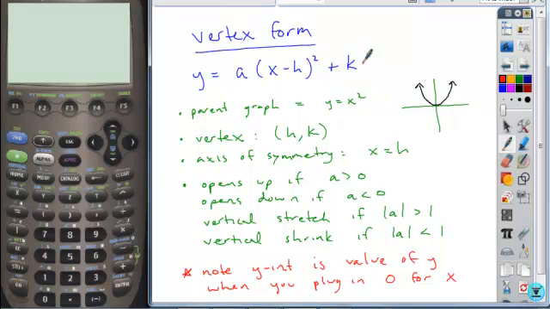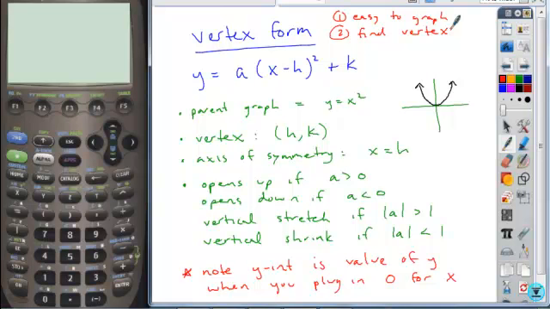Okay, so the advantages to vertex form: it's very easy to graph, and you can very easily find the vertex, which gives you what are called extreme points, the maximums or the minimums.